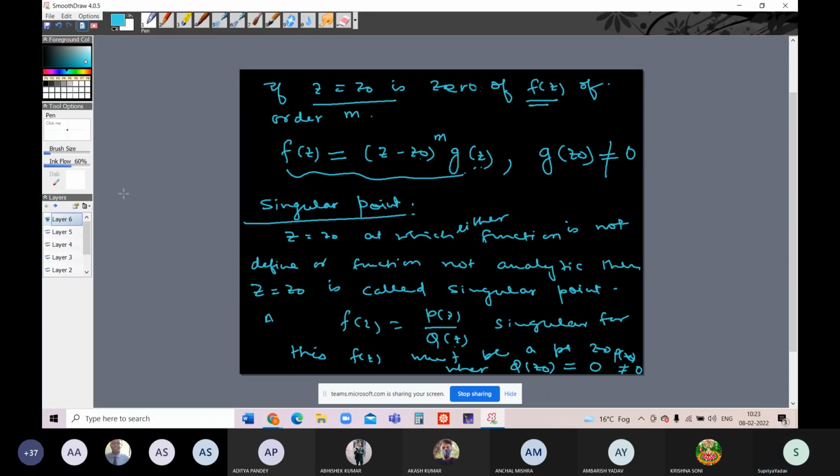For example, suppose we have the function f(z) = (z + 1)(z − 2) / ((z − 3)(z + 2)). You can see that it is again a rational function, and the denominator of this function will become 0 at z = 3 and z = −2.